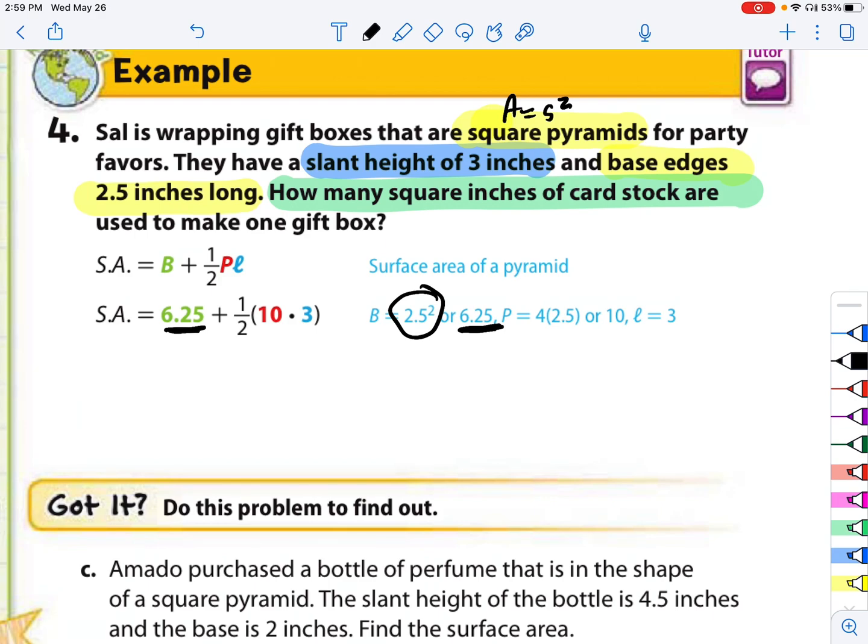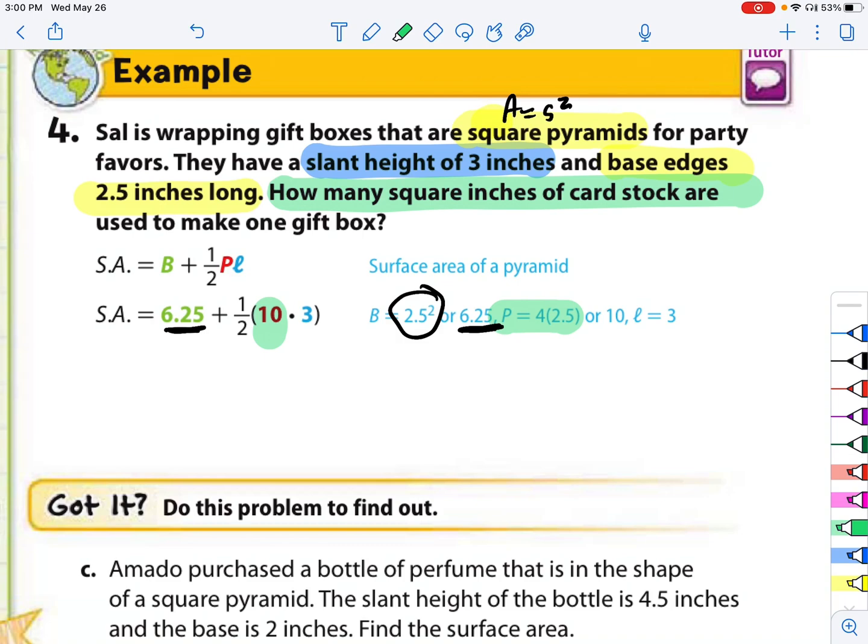Now the perimeter, since it's a square, is the sum of all the sides, so it's 2.5 plus 2.5 plus 2.5 plus 2.5, or simply, to find the perimeter of a square, it's 4s, or 4 times 2.5, which gives us the value of 10.